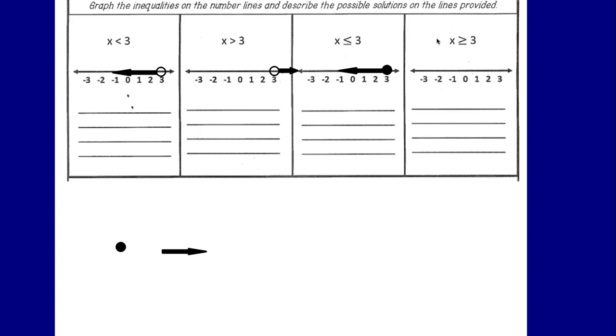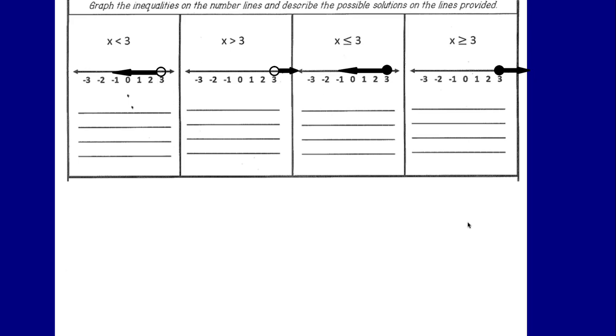In our last example, x is greater than or equal to 3. Because of the equal, we will have our closed circle on 3, and greater than values go to the right of 3. So you draw your line to the right. Possible values: 3 is a possible value. 3.5 is a possible value. 10.